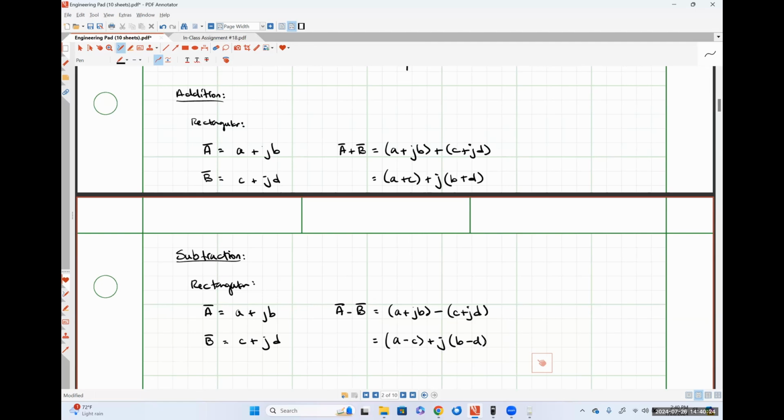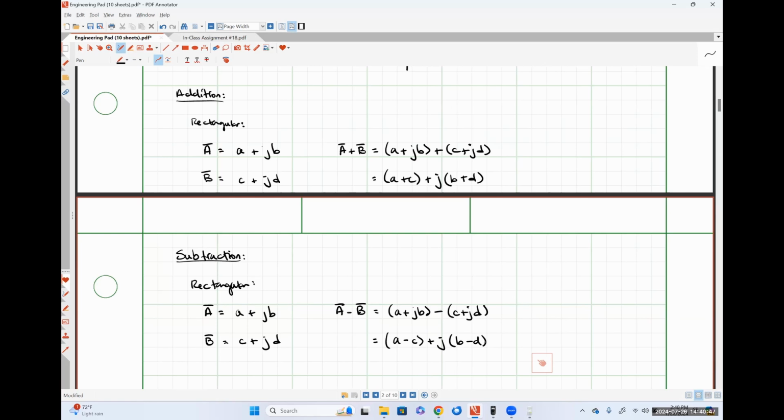All right, well, I'm going to interject a comment here. Some of you may have been astute enough to notice that I did not show you how to do addition or subtraction using polar form complex numbers. And the reason is doing it in polar form is quite a pain in the butt.